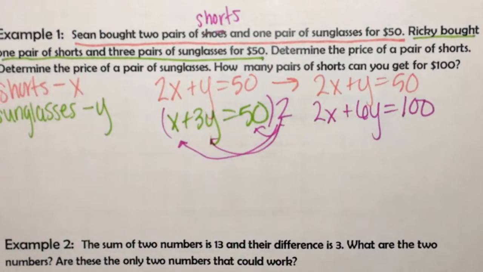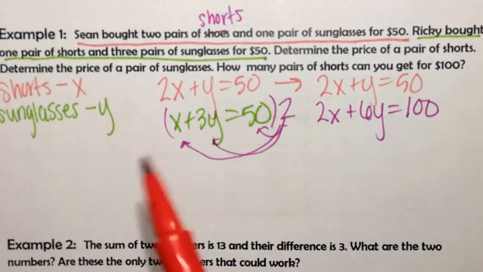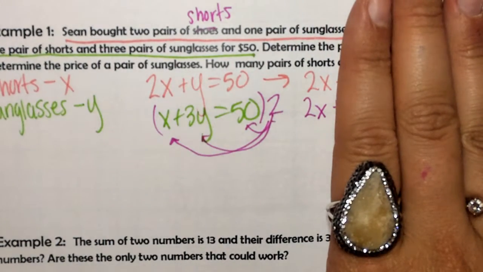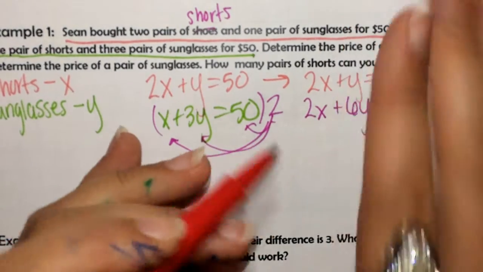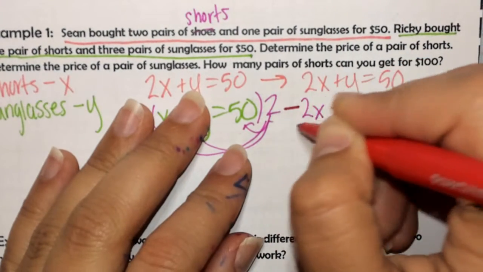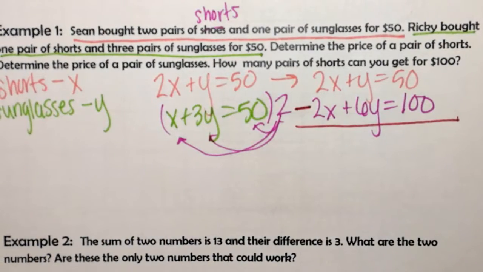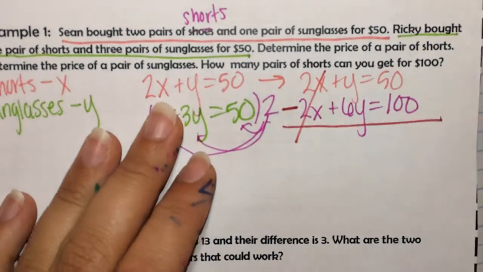Now, are we eliminating x or are we eliminating y? X. So let's cover everything else up. Are those the same sign or different sign? Same. So are we adding or subtracting? Subtract. Same sign, subtract. So what's 2 minus 2? Cancels.